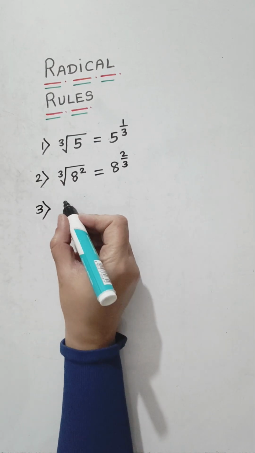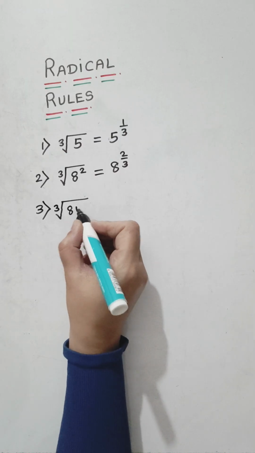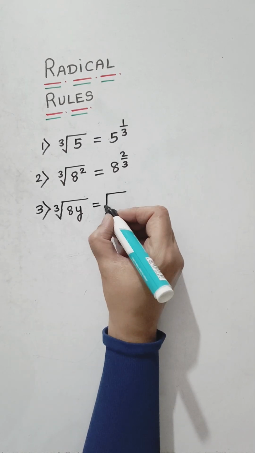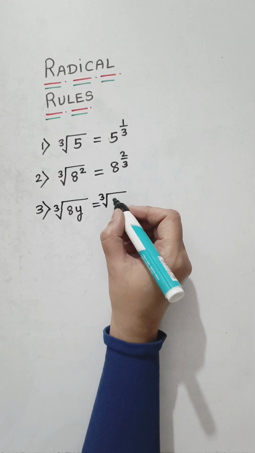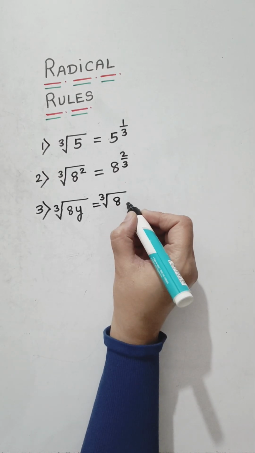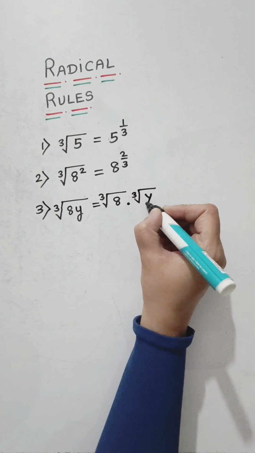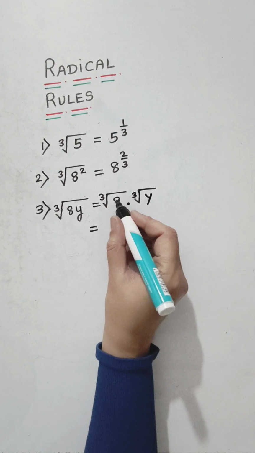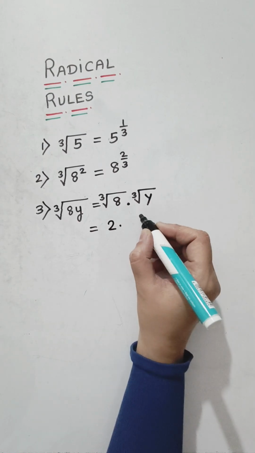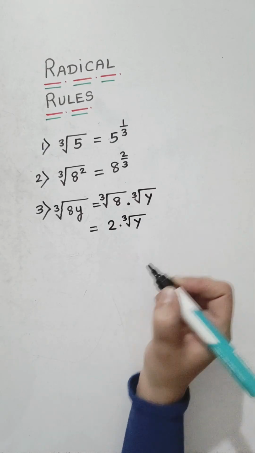Okay, now this is third root of 8 into y. So this can be expanded like this. Third root of 8 into third root of y, and we know that cube root of 8 is 2 and the variable part is the same.